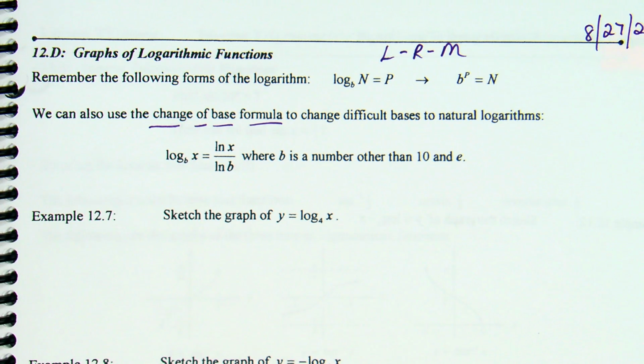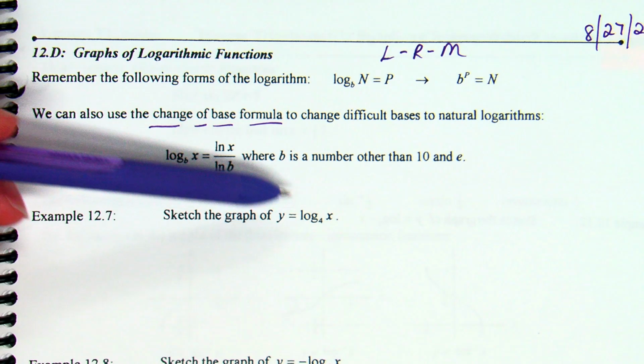Now, if we want to sketch a graph and we want to get some specific points for this, we're going to kind of assume log base 4, okay, say our calculator doesn't do that. We can take this log equation and change it to what form?